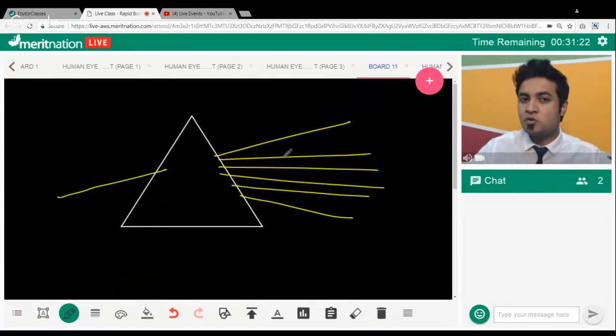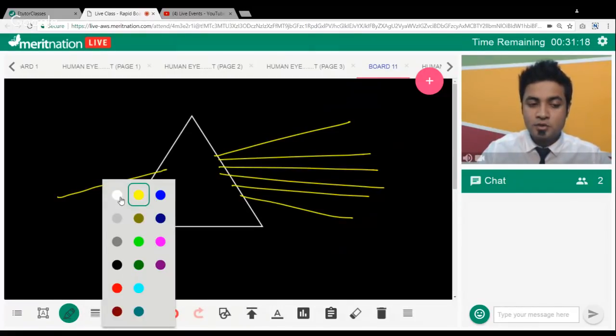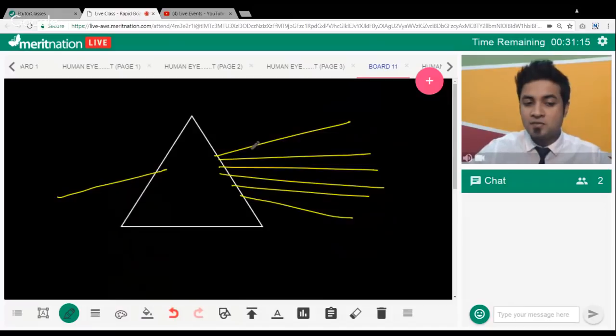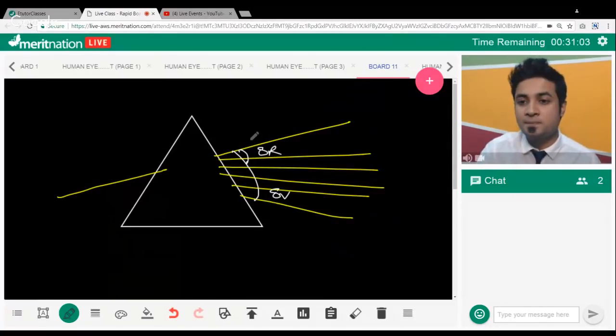I'm not going to make all of them, I'm just giving an example here. So what I want to tell you is that the angle of deviation in the case of the red would be different from the angle of deviation in the case of the violet, right? So that's why the rays are getting dispersed.